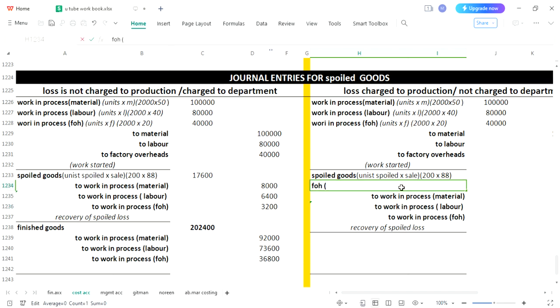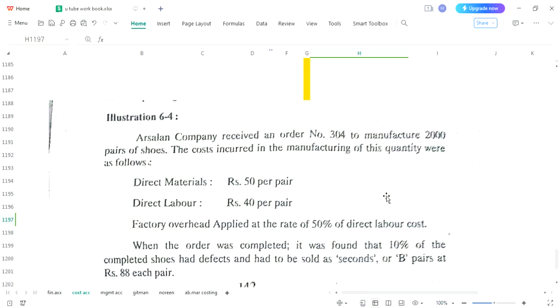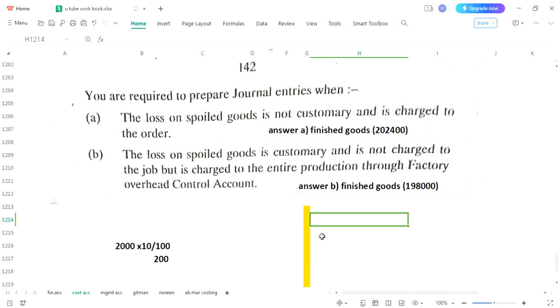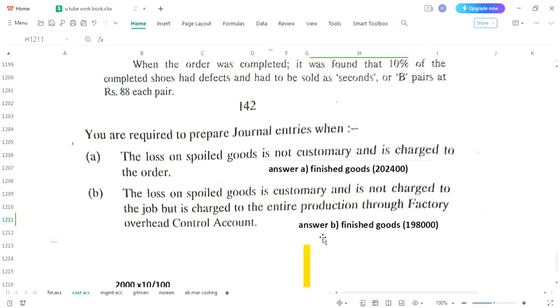Formula I will write over here. Units spoiled multiplied by loss per unit. This is the formula. Okay, now go back to the question and you can see that the total price you have calculated was 50, 40 and 20. I think we'll have to calculate it, and we are calculating over here.